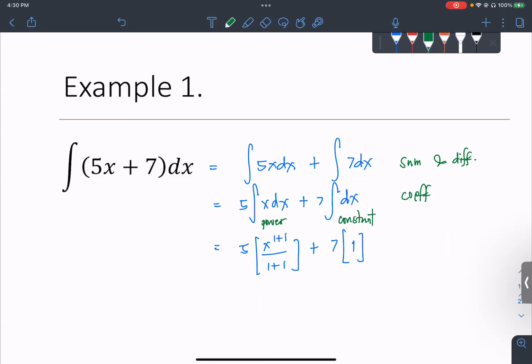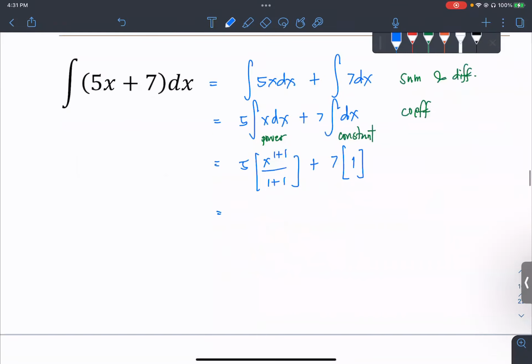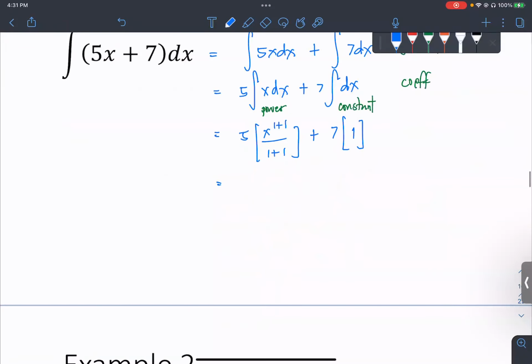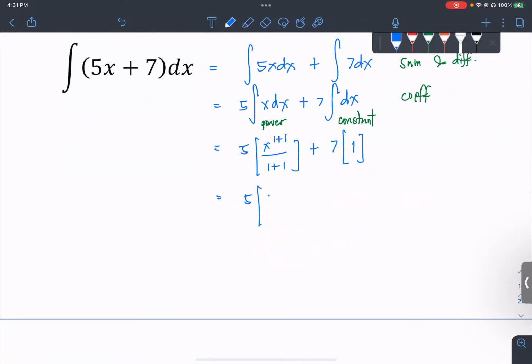So we've used all 4, right? 7 times 1. And for our final answer, we have 5 times x squared all over 2, plus 7 times 1, which is 7.